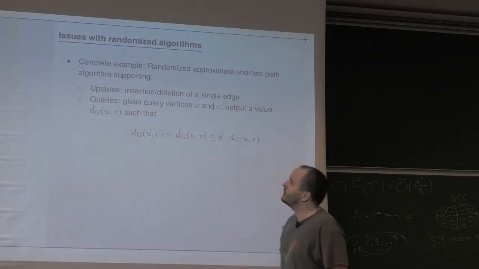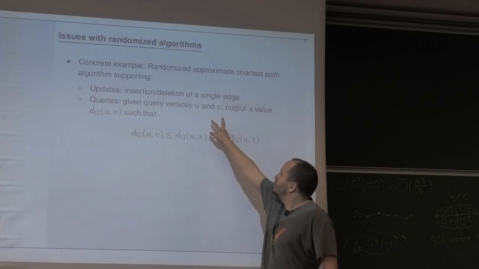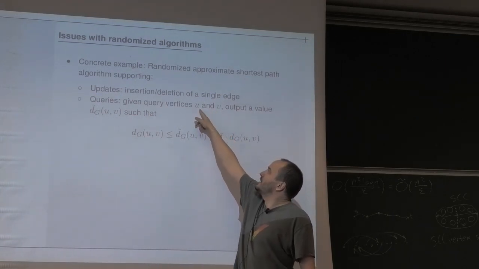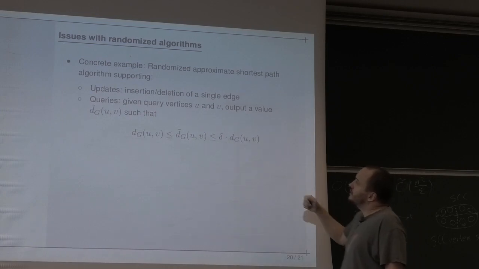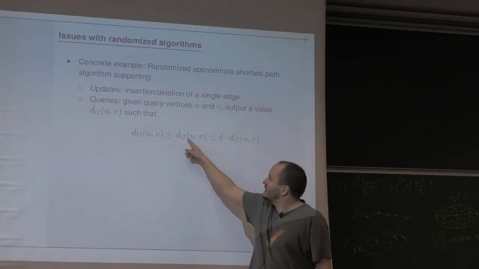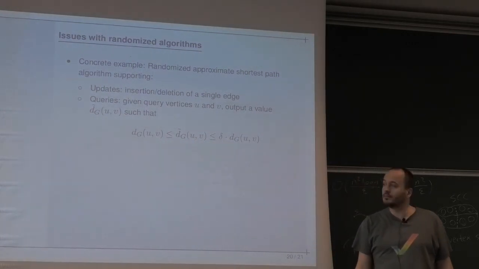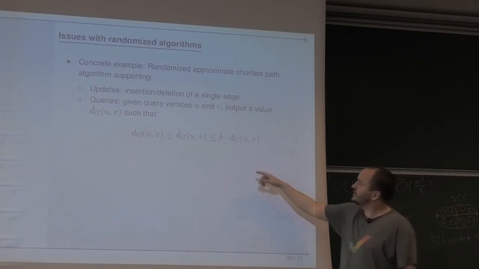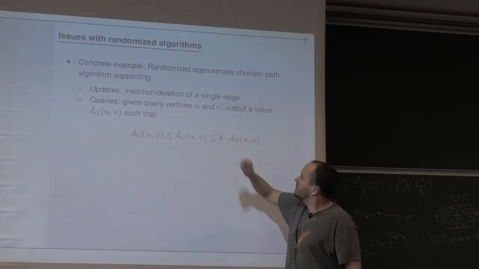And then there are some queries, like we have seen, that you can ask, given two vertices u and v, maybe you want to say that u is just the source, if it's single source.